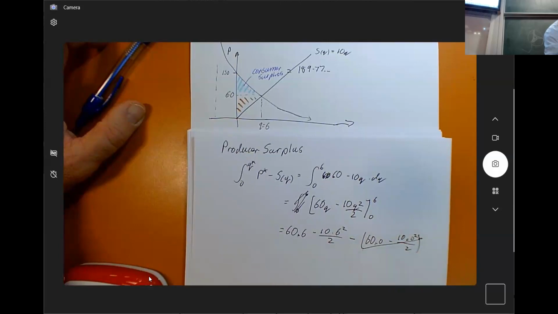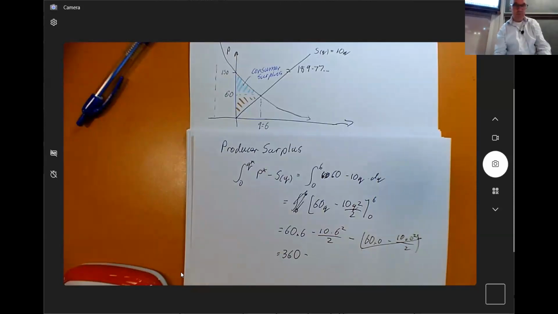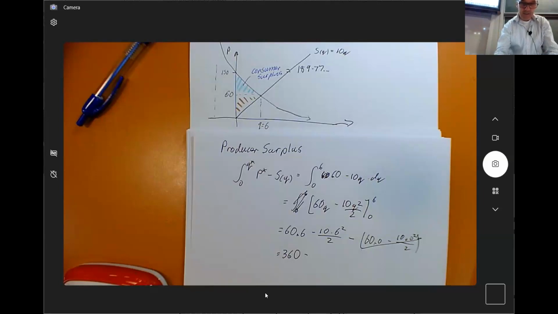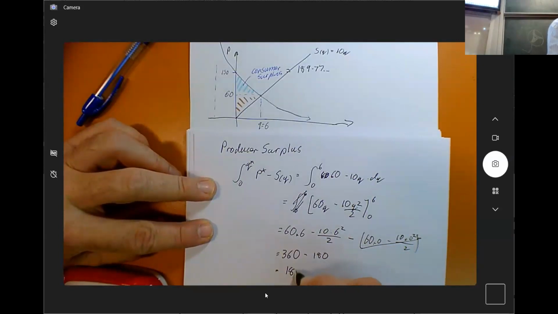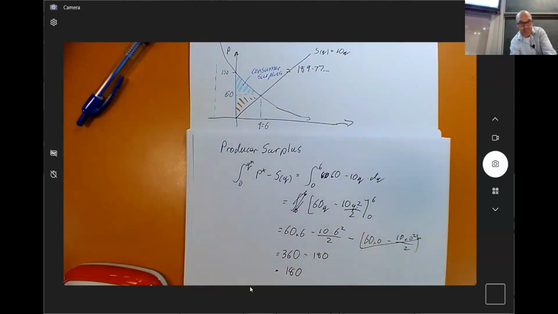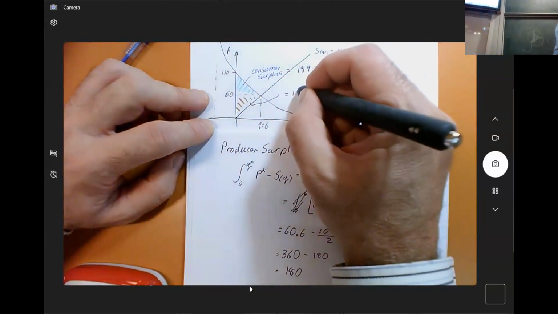These numbers are all zeros. 360 minus, if I do 10 times 6 to the power 2 divided by 2, I feel like that's the right number, 180. And so this is equal to 180. Ooh, 180. And if I go back to my diagram, we're saying that bit is equal to 180.